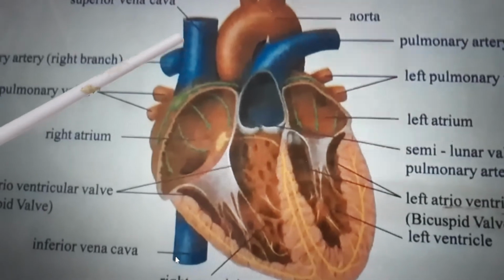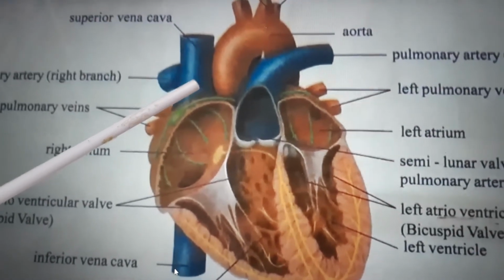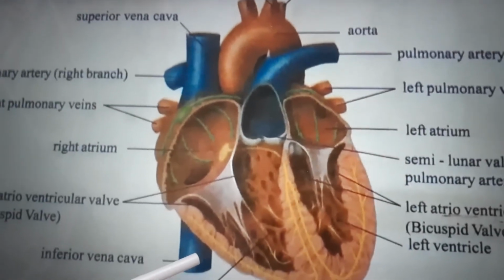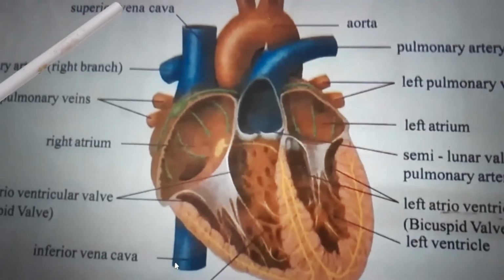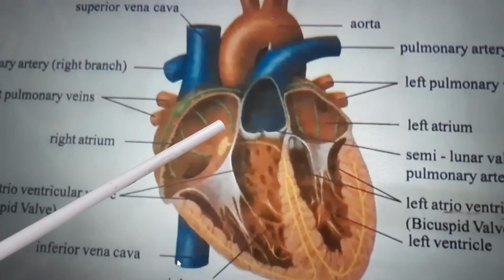And here the deoxygenated blood is collected into the right side of the heart through the superior vena cava and inferior vena cava. From the upper parts of the body, the deoxygenated blood is collected through the superior vena cava into the right auricle.